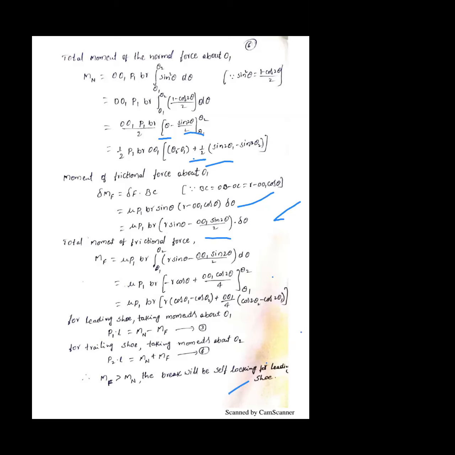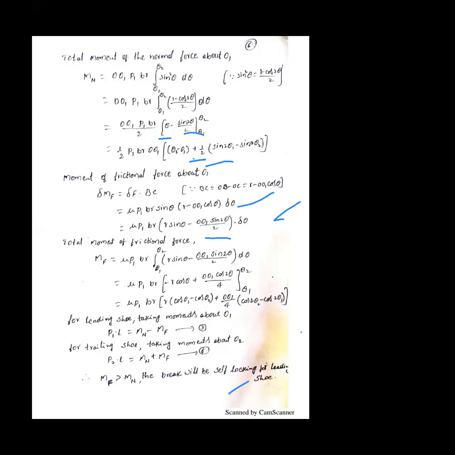Integration of sin theta gives minus cos theta, and sin 2 theta by 2 gives cos 2 theta by 2, and again comes the 2, so 2 into 2.